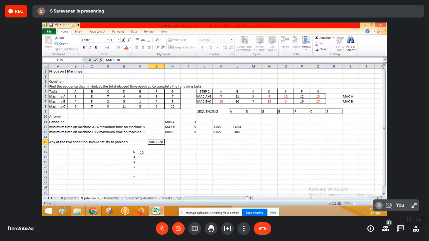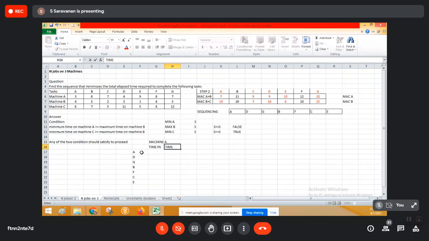Now we are going back to the problem. The purpose of the second step is just to identify sequencing. We have identified the sequence. So machine A: time in, time out, similar to the last problem.